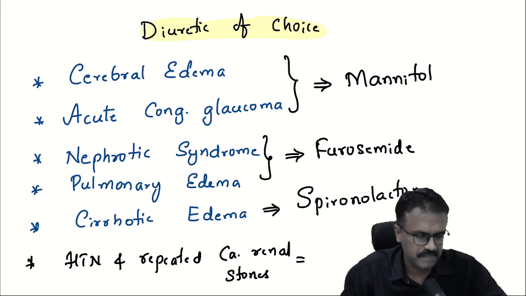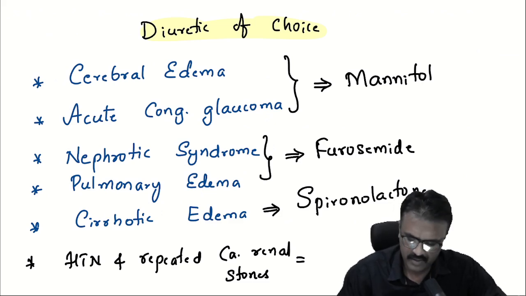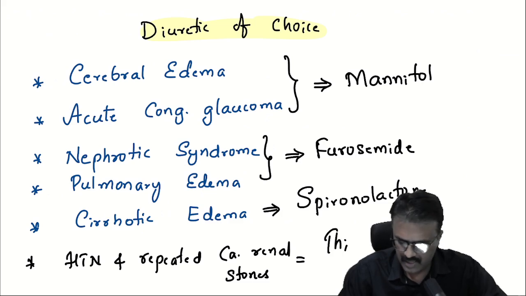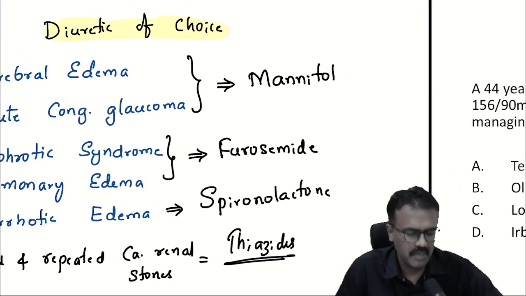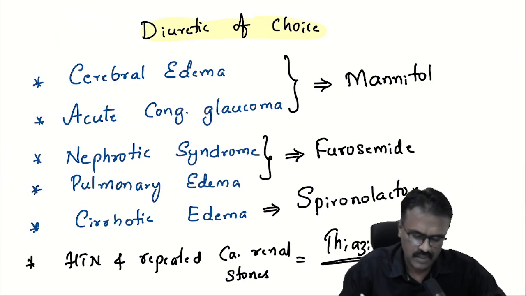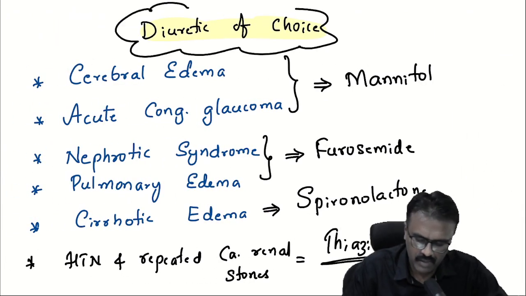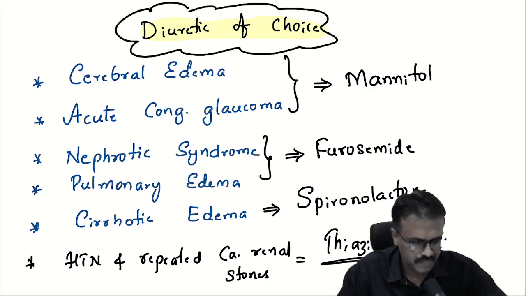Come on. And that is a NEET PG INICET level question. It can come here also. Yes, very good. Thiazides. Why thiazide? Because thiazides retain calcium and prevent the calcium stones. So this is what you have to keep in your mind when you revise diuretics.